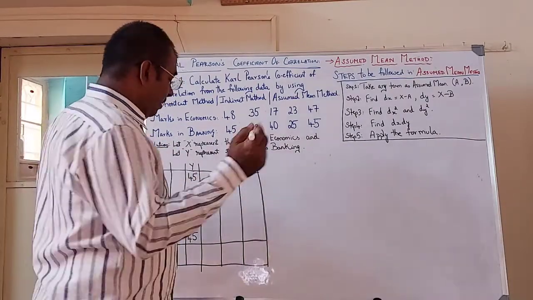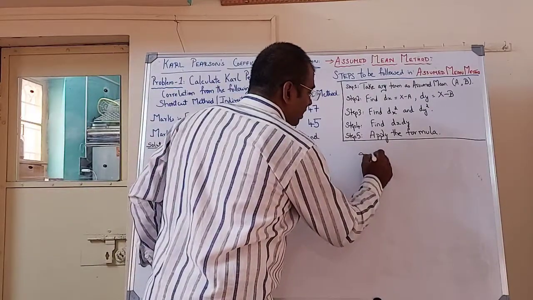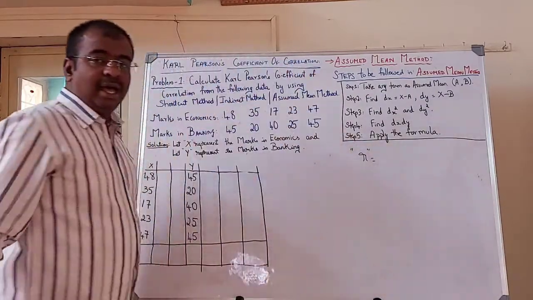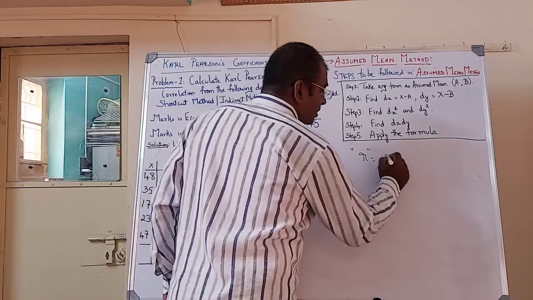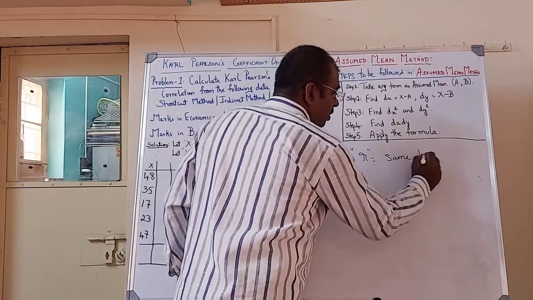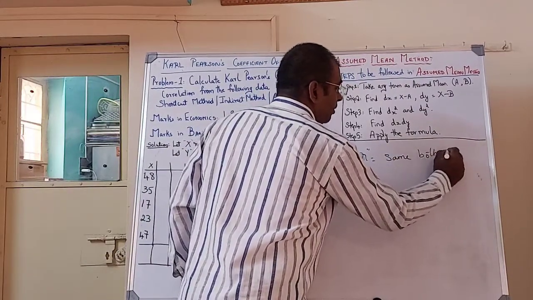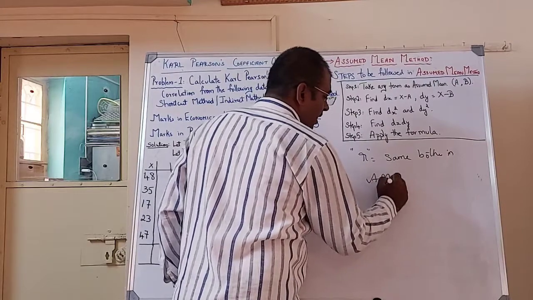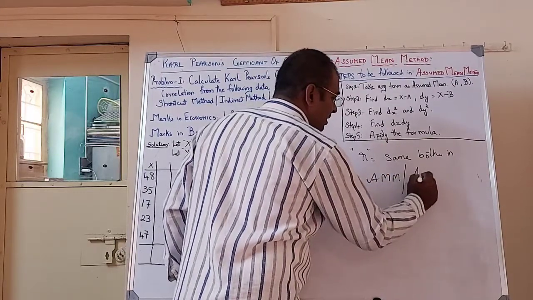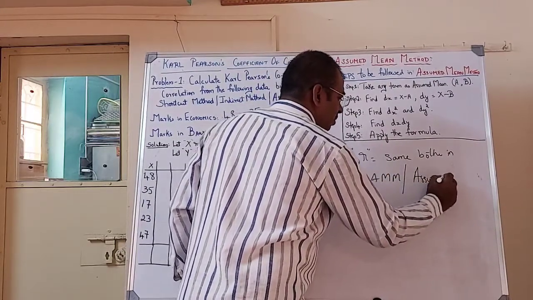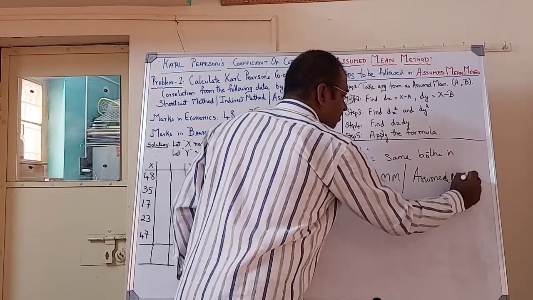But finally, when we calculate the correlation, that is r, it has to be the same in both the actual mean method as well as the assumed mean method.